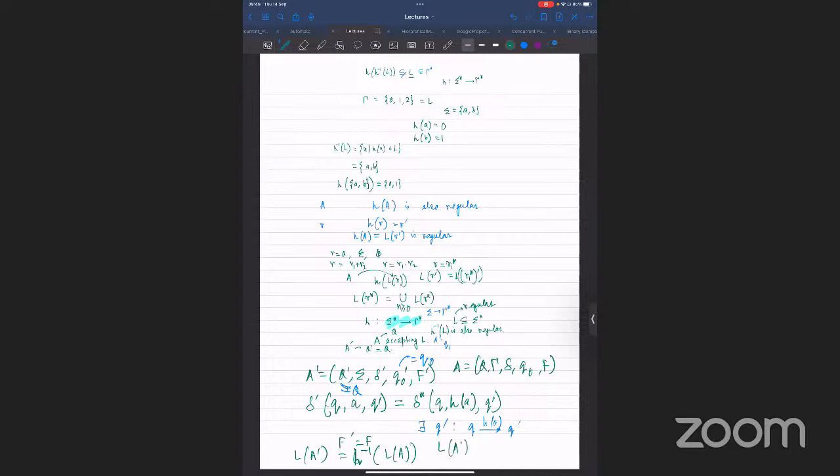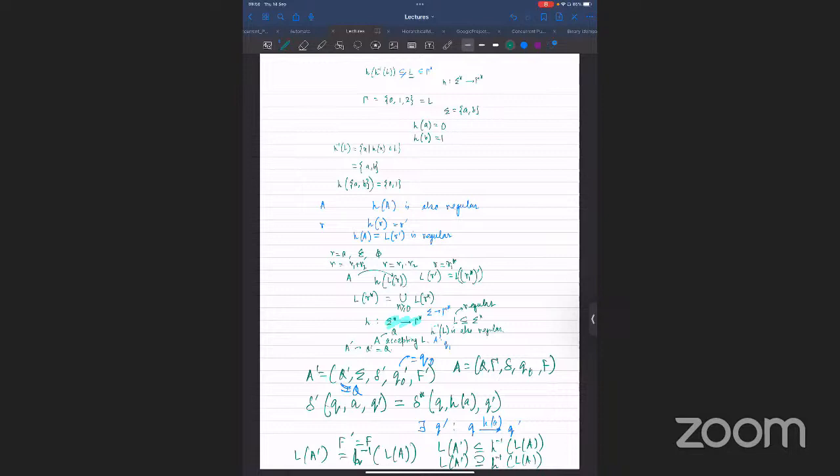L of A prime is a subset of H inverse of L of A, and L of A prime includes H inverse of L of A. So you have to prove this. Let's say the first one: how are you going to prove that L of A prime is a subset of H inverse of L of A?